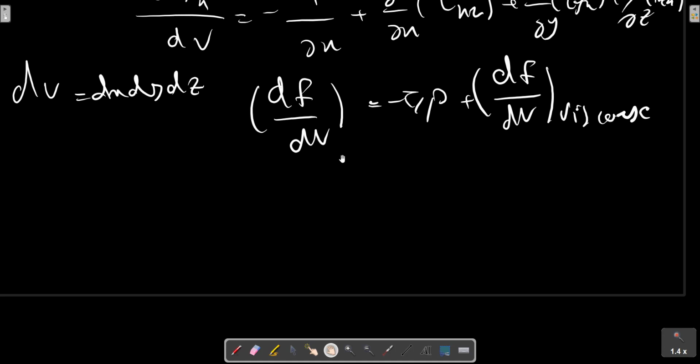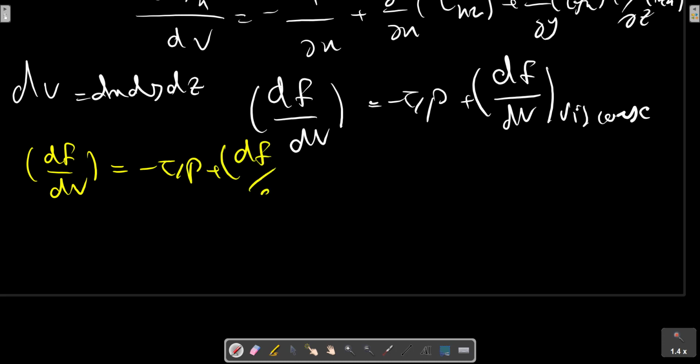We can obtain this equation dF on dV plus, equals to viscous, which is equal to minus gradient p plus gradient dot.